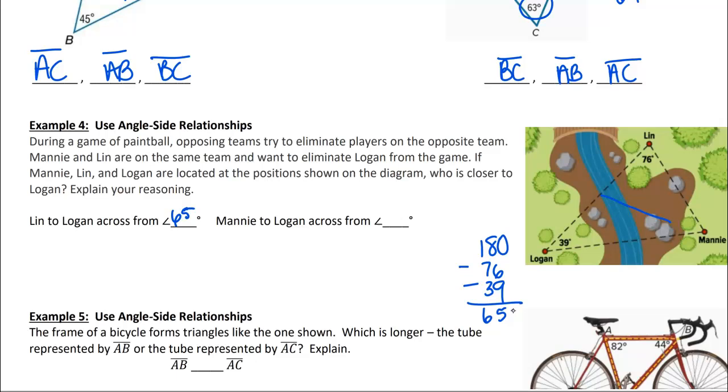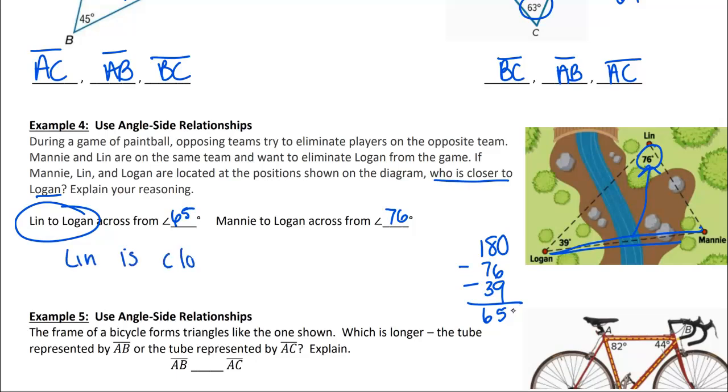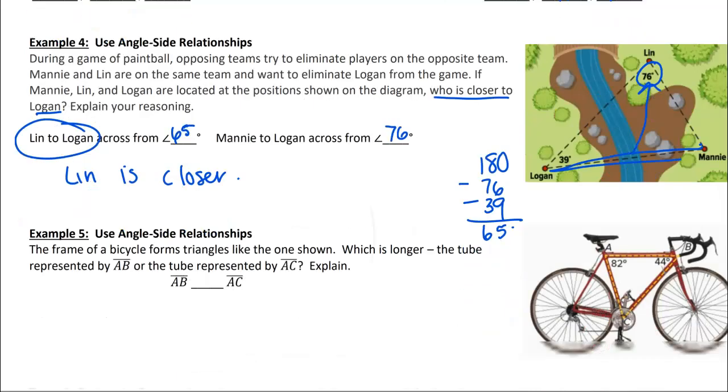So then we're going to look from Manny to Logan. There it is. And that's across from 76 degrees. So who's closer to Logan? Meaning who has the smaller angle, because that would be the smaller distance. So it would be Lynn. Lynn is closer because he has the smaller angle.